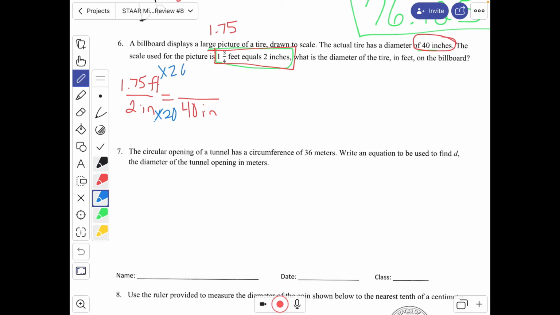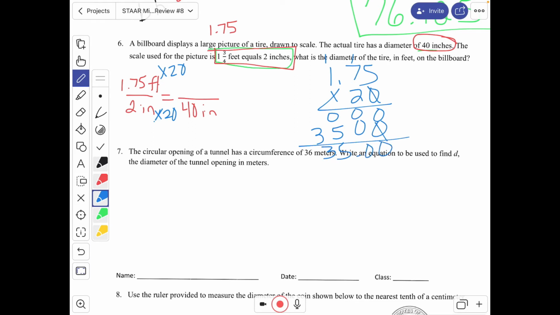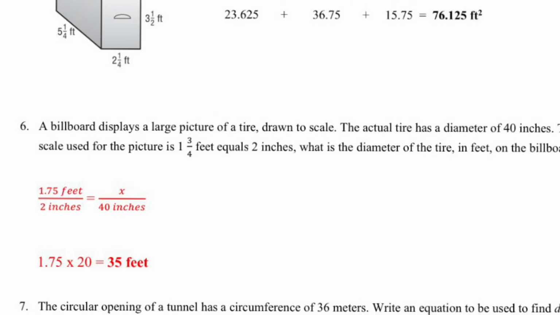So I need to do that on top. 1.75 times 20. And I got 35 feet. 35 is the answer.